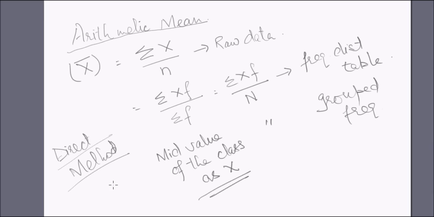So if the data given is complex, if it is in decimal or so on, how are we going to do it? We will use the shortcut methods, and we will see two methods under that. The first one is the deviation method and the second is the step deviation method. We will see that in our next video.